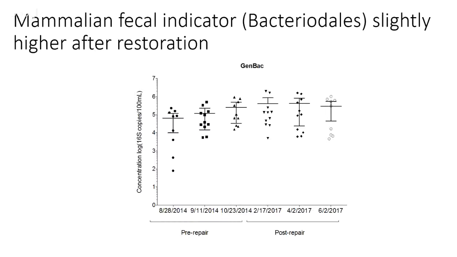So we are pretty sure that the circulation actually increased. So it's more likely that it is really this additional fresh water coming into the pond that causes very favorable conditions for bacteria to survive. So Bacteroidales also slightly increased.